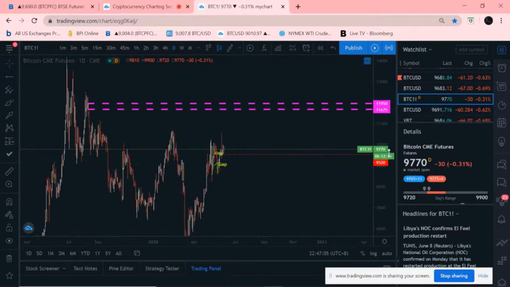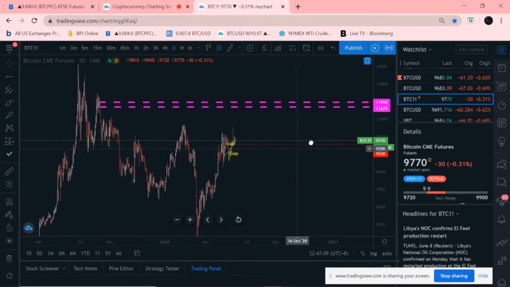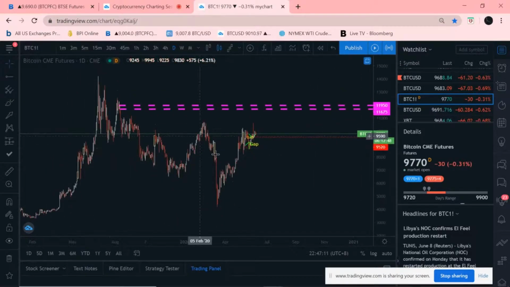Watch out for it, because CMC is usually the exchange that has a lot of gaps, but most of the gaps are already filled except for this one. So I think it will fill this, but when, of course, that's the question.